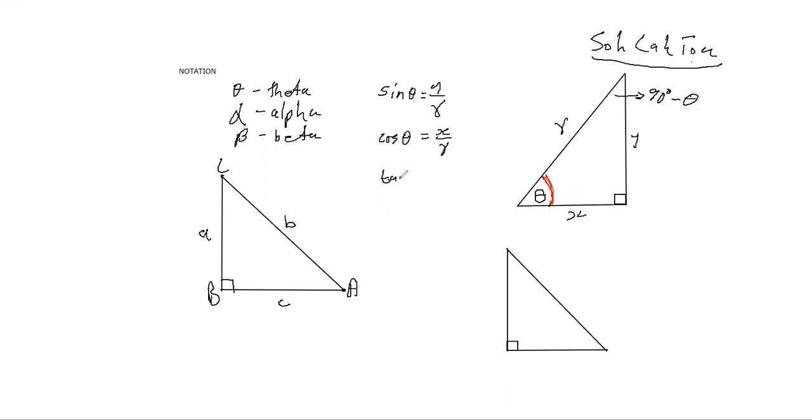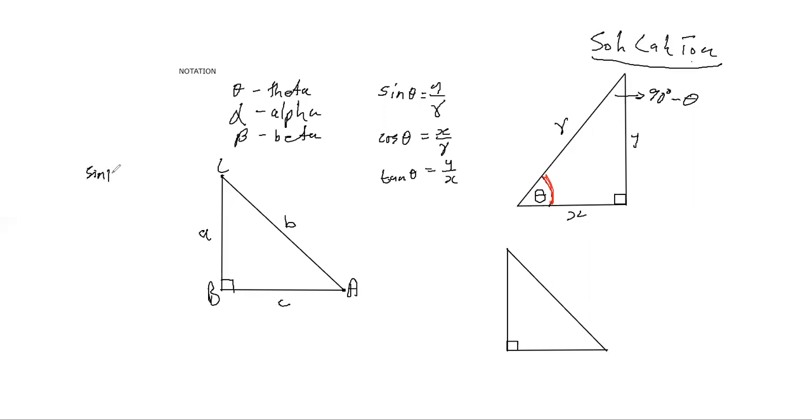And the ratio tan of theta is y over x. Guys, that is the principle in any right angle triangle, or rather any triangle with an angle equal to 90 degrees. That is very critical.